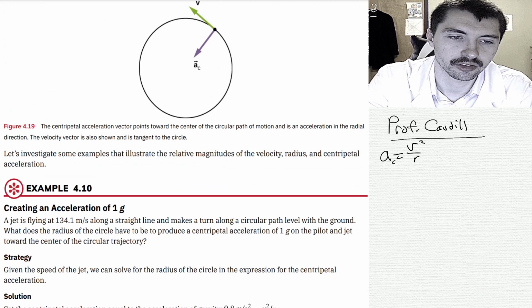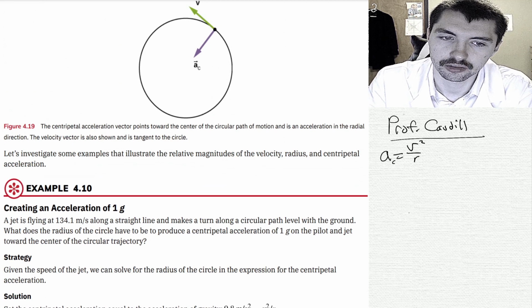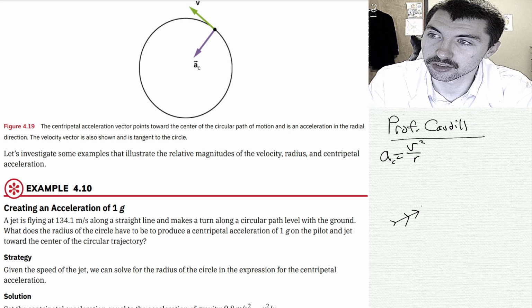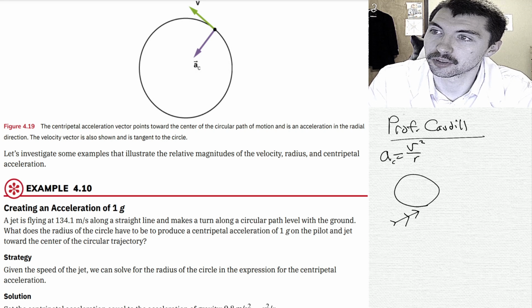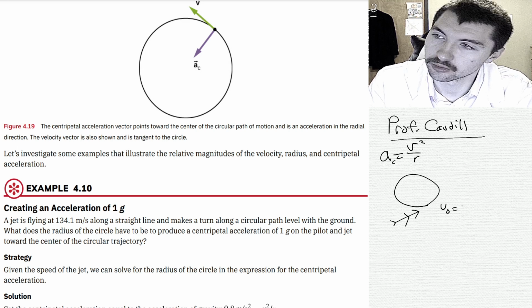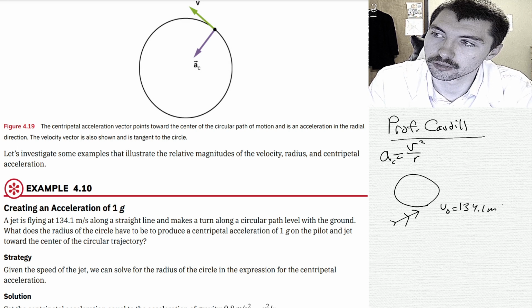So let's try this. A jet is flying. Okay, we have a jet. It's about to enter a circular path. So V naught is 134.1.